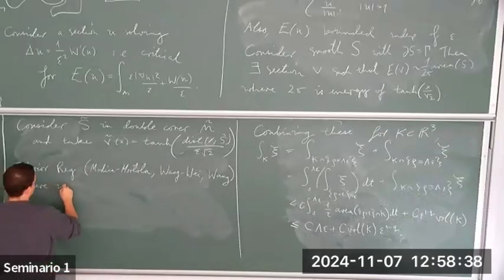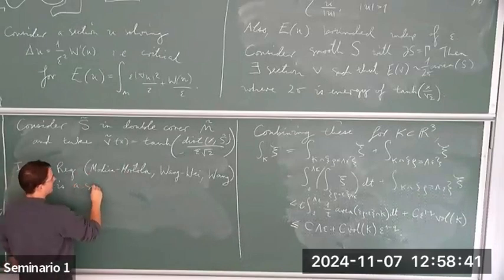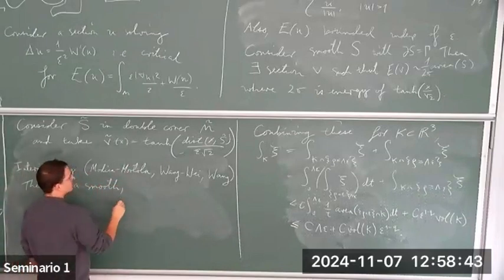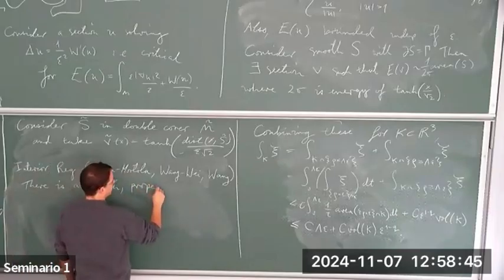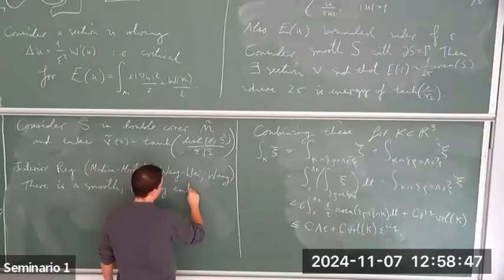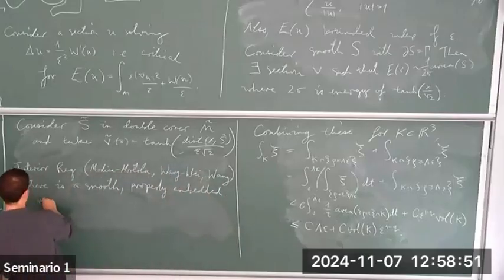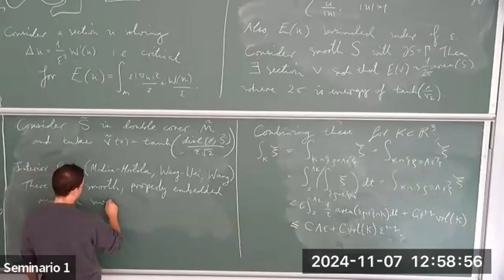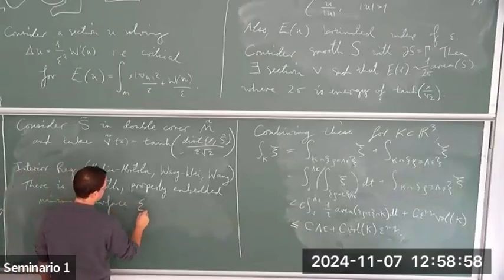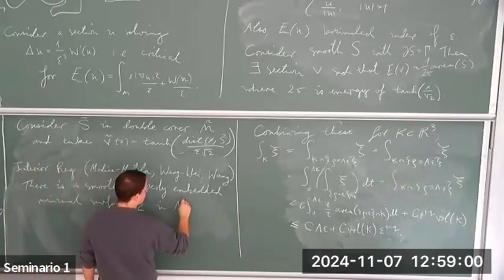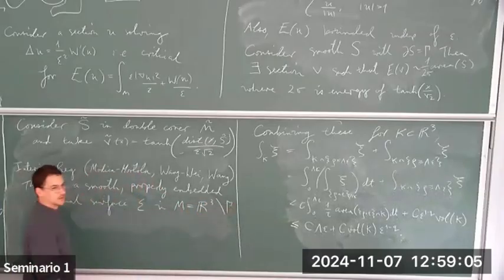let's say there is a smooth, properly embedded minimal surface sigma in M, which importantly does not include the boundary at this point.